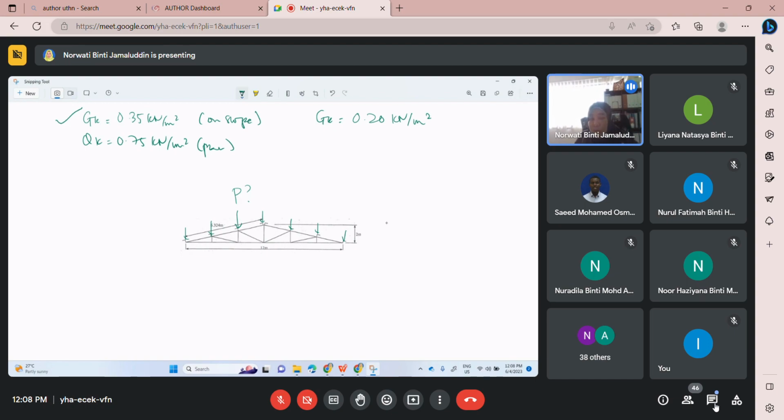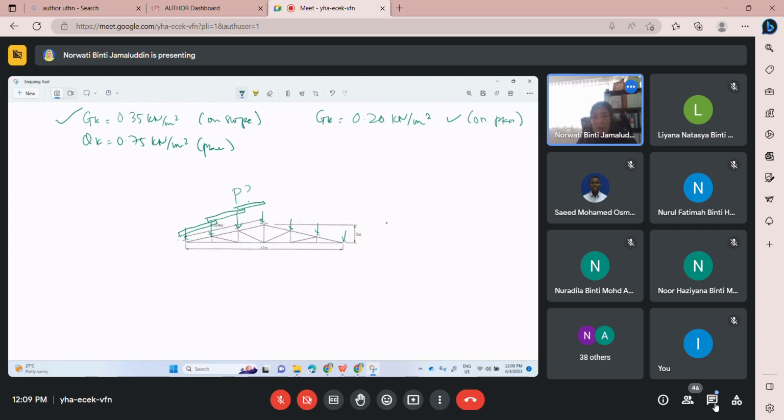The load on slope is because of the way you arrange your roof on slope, and this one is not related to that. Not related to the slope. Okay, we change our question. This one is gravity load, so it should be on plan.